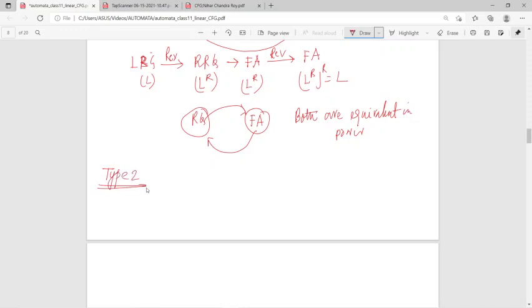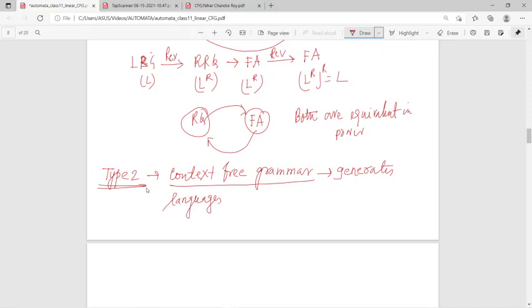In the previous class we saw lots of examples of context free grammar. This particular context free grammar generates a language that is called context free language.